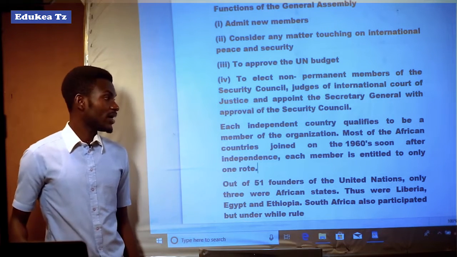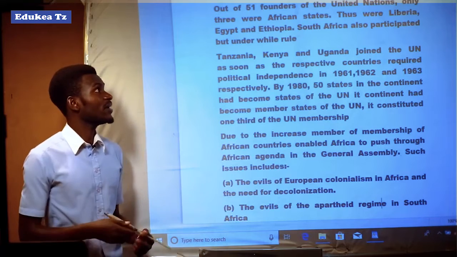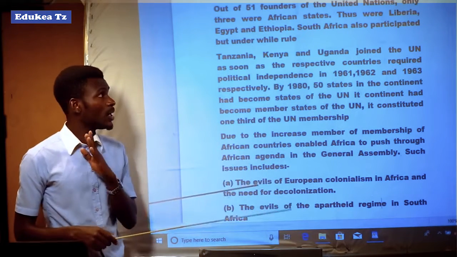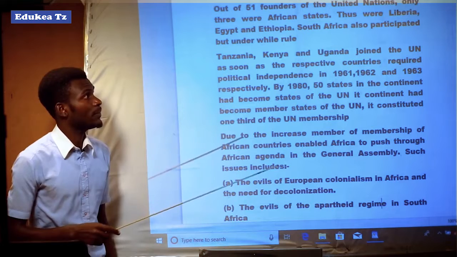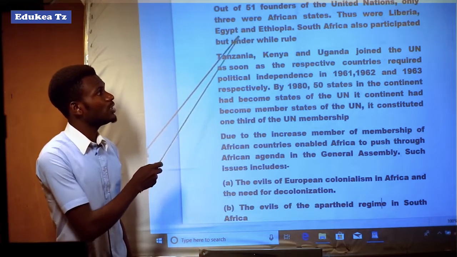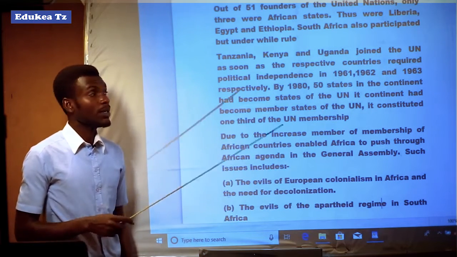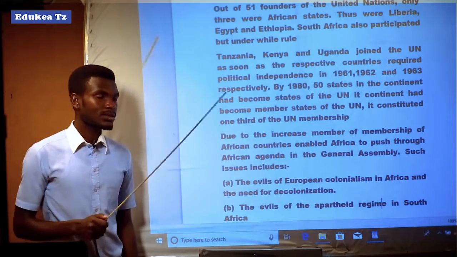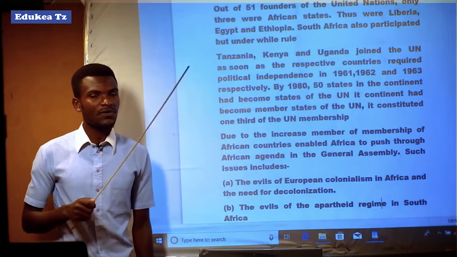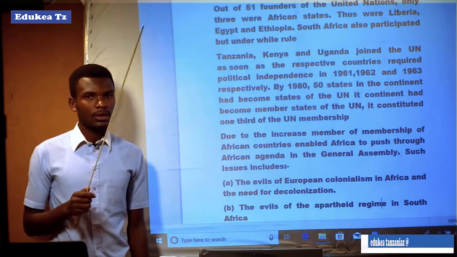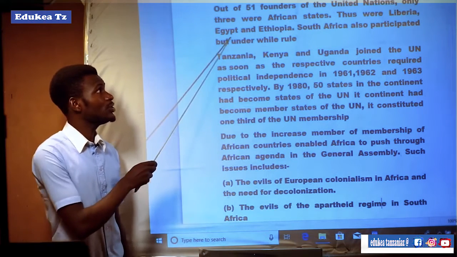It means that during the formation of the United Nations in 1945, out of 51 founders, only 3 members were countries from Africa, and those were Liberia, Egypt, and Ethiopia.